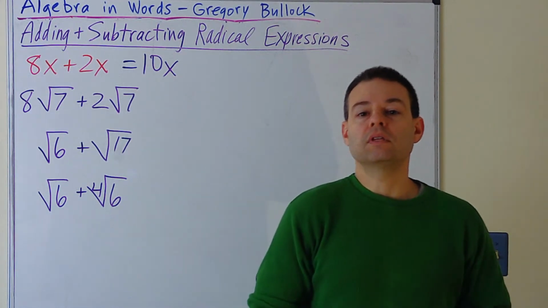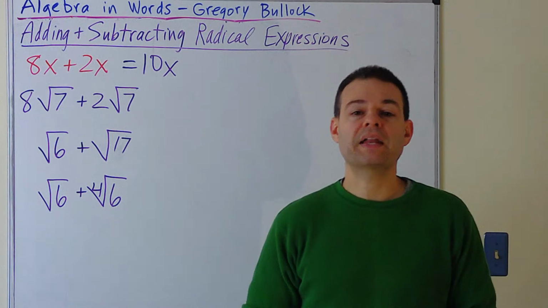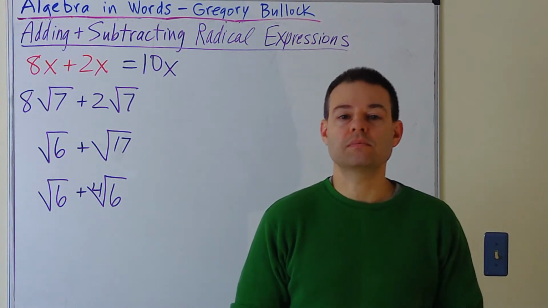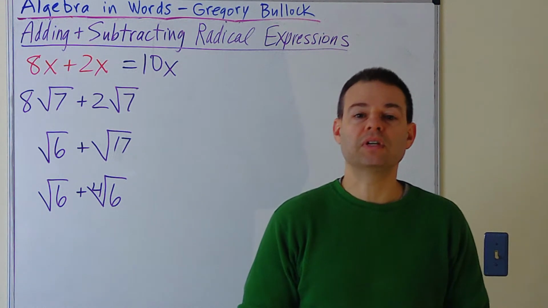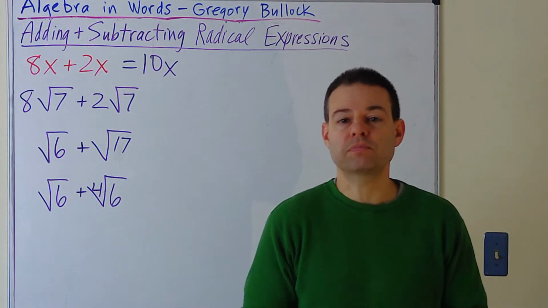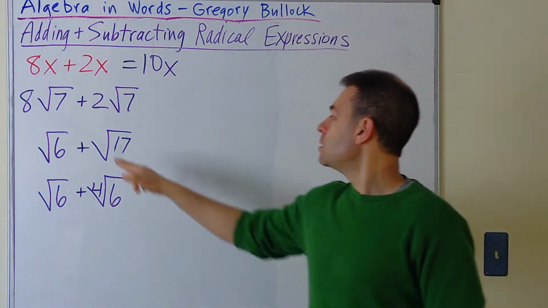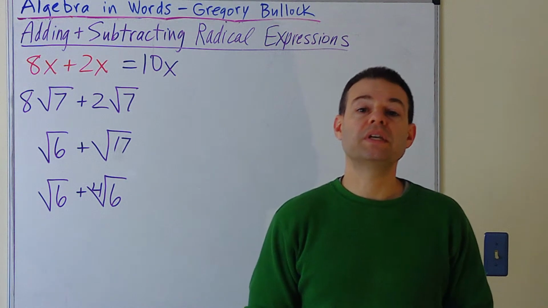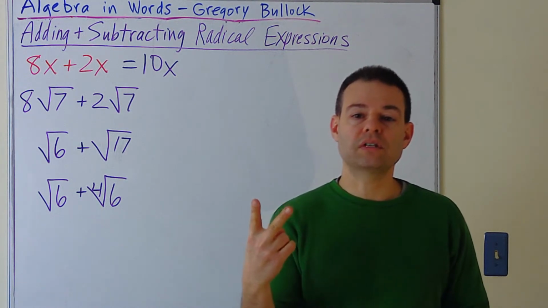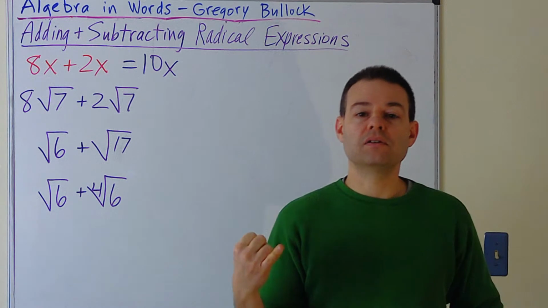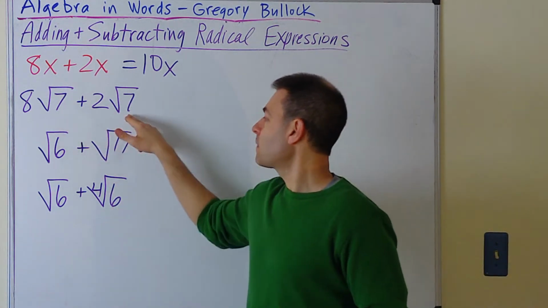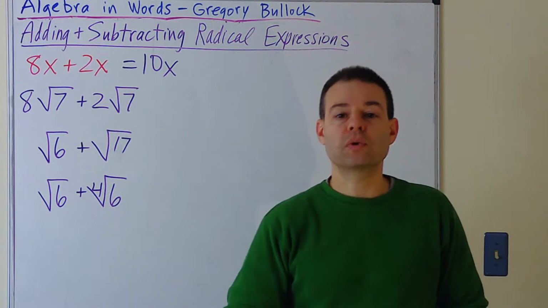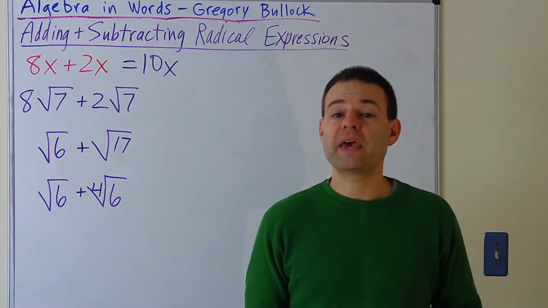The concept of adding and subtracting like radicals is basically the same, except you're dealing with radicals instead of just plain terms. So the question is, are these like radicals? And the answer is yes, because it fits the two criteria. They have the same radicand, square root of 7, and they have the same root.